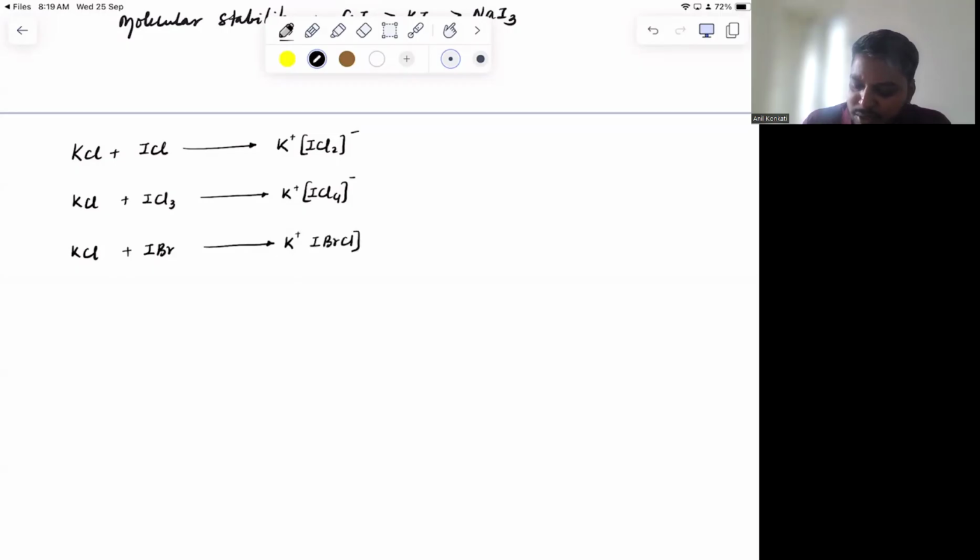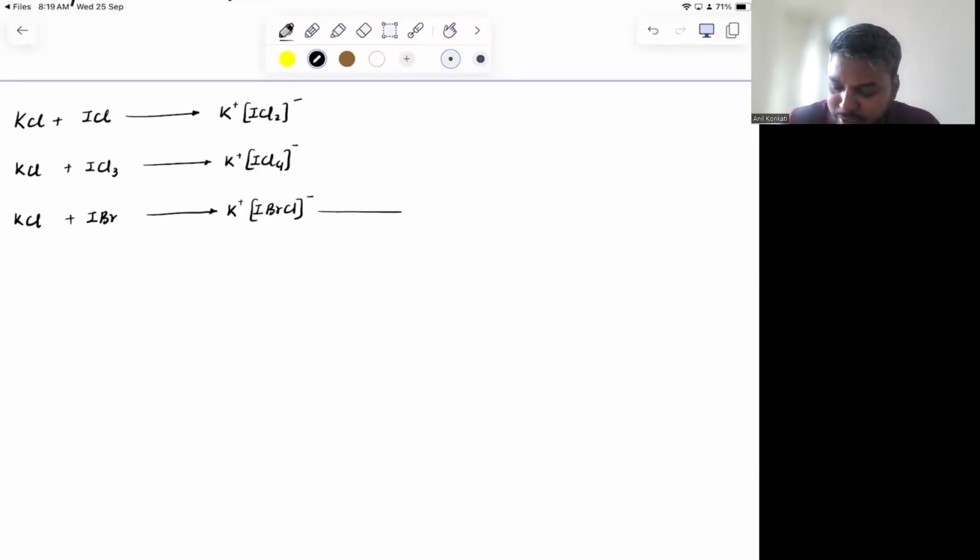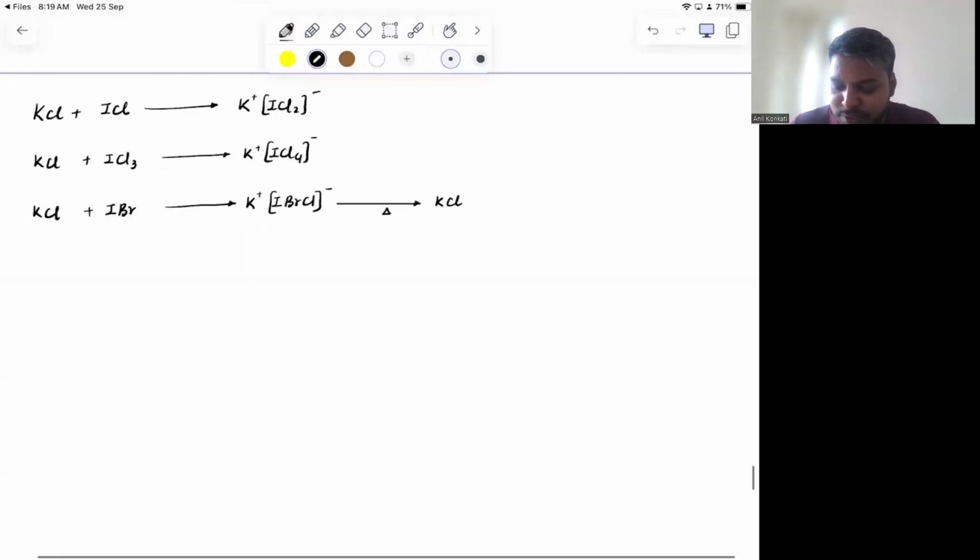IBrCl overall minus. Now, an important point here is when these polyhalides are heated, they will form again a metal halide, which will consist of the smaller halogens due to the strong lattice energy. So suppose I start heating it, which halide can I expect? I can definitely expect KCl to come out, correct?